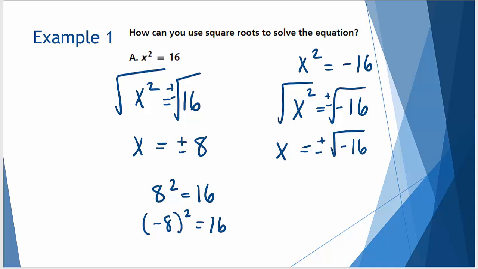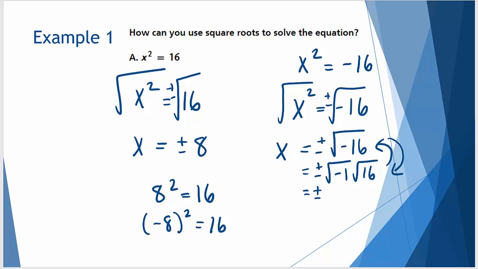Well, what we're going to do now is separate the 16 from the negative. If you remember your radical rules, when we have two radicals, you can multiply the negative 1 and the 16 to get negative 16. So that means that you can also expand it as well. And the reason why I'm doing that is because I can actually take the square root of 16.